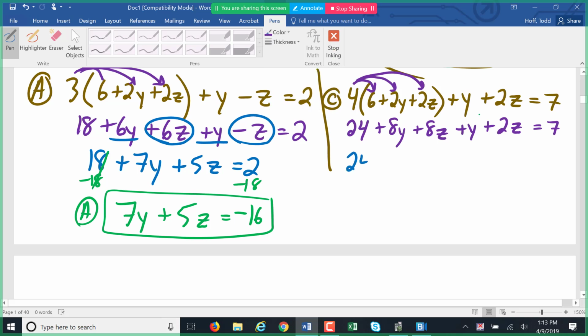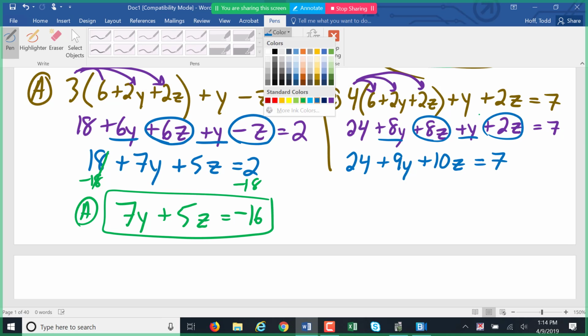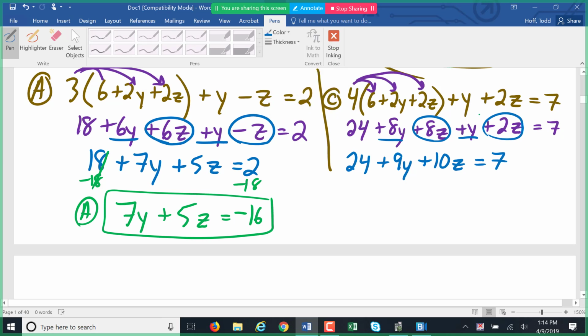Combining now, nothing to combine with the 24. 8y and y make 9y. 8z and 2z make 10z. And it still equals 7. Last step, get the variables on the one side by themselves, so I'm going to subtract the 24. So I got 9y plus 10z. 7 minus 24 is a negative 17.